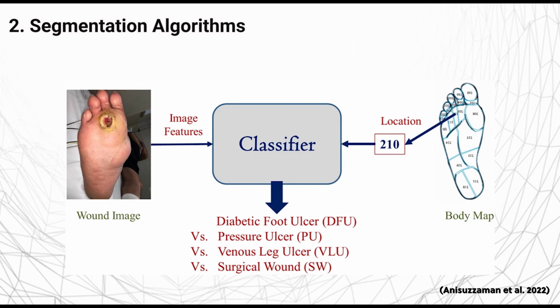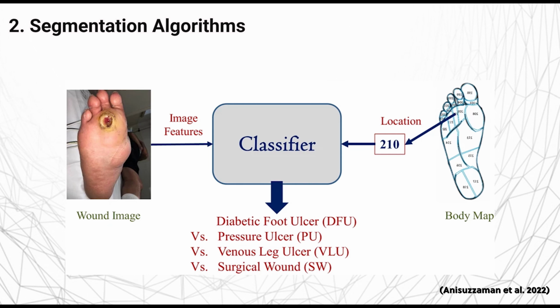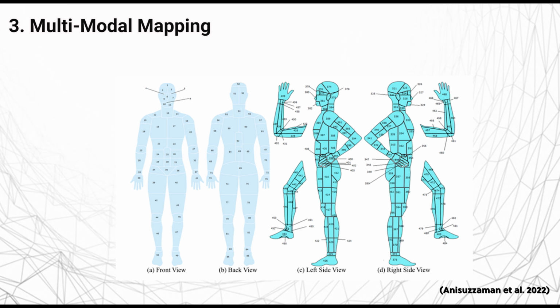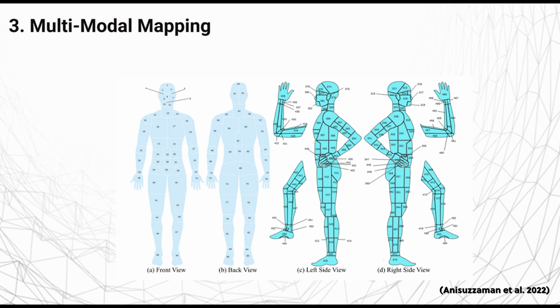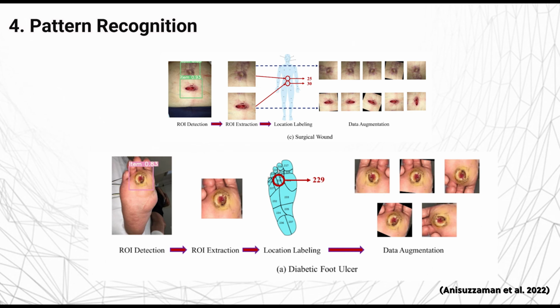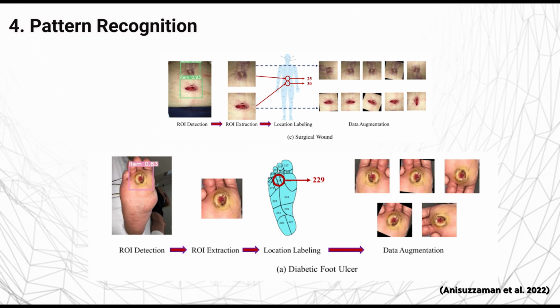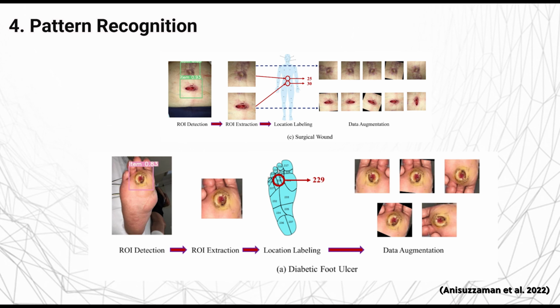Segmentation algorithms, to isolate wound regions for detailed evaluation. Multi-modal mapping, to merge location and visual data for a holistic view. Pattern recognition, to classify complex wounds such as gunshot injuries or diabetic ulcers.